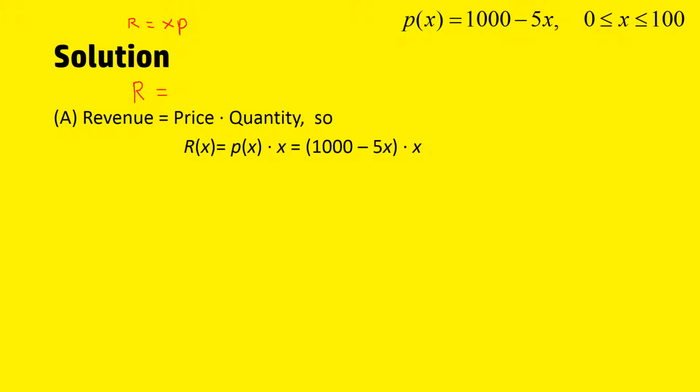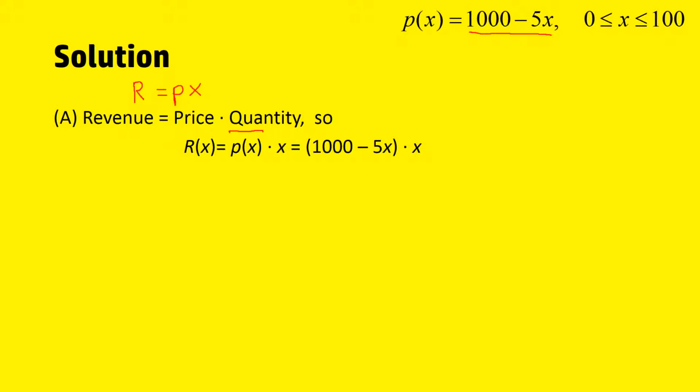But this time we're going to write it as price times X, number of units. So R equals PX, price times quantity.